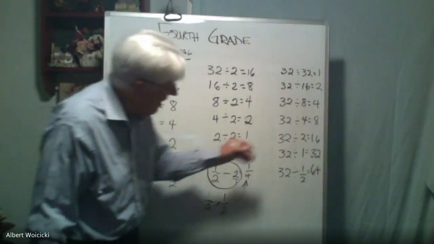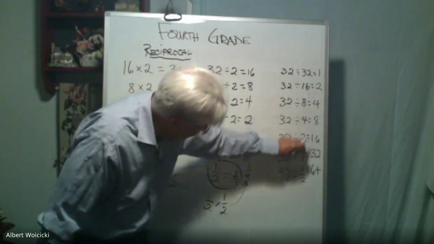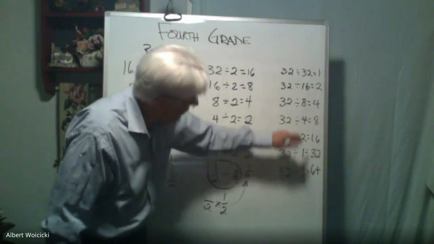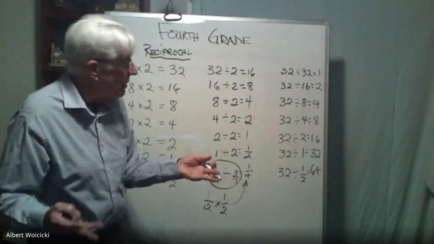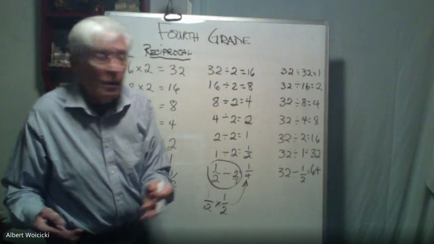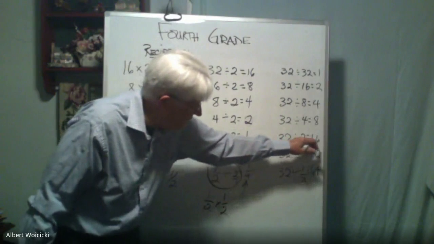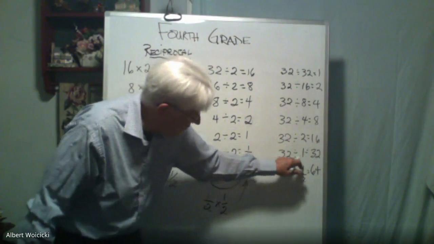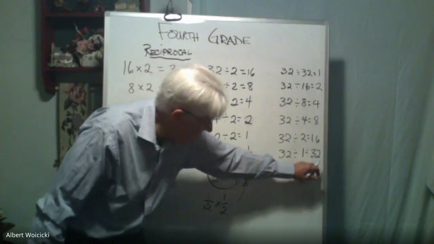What happens when my dividend stays the same, but the divisor is getting smaller? 32 divided by 32 is 1. 32 divided by 16 is 2. 32 divided by 8 is 4. By 4 is 8. By 2 is 16. 32 divided by 1 is 32.